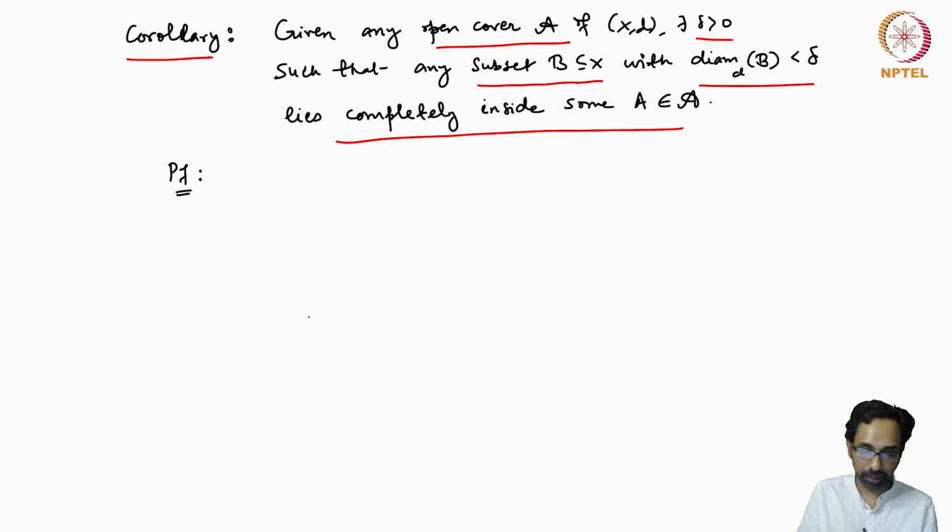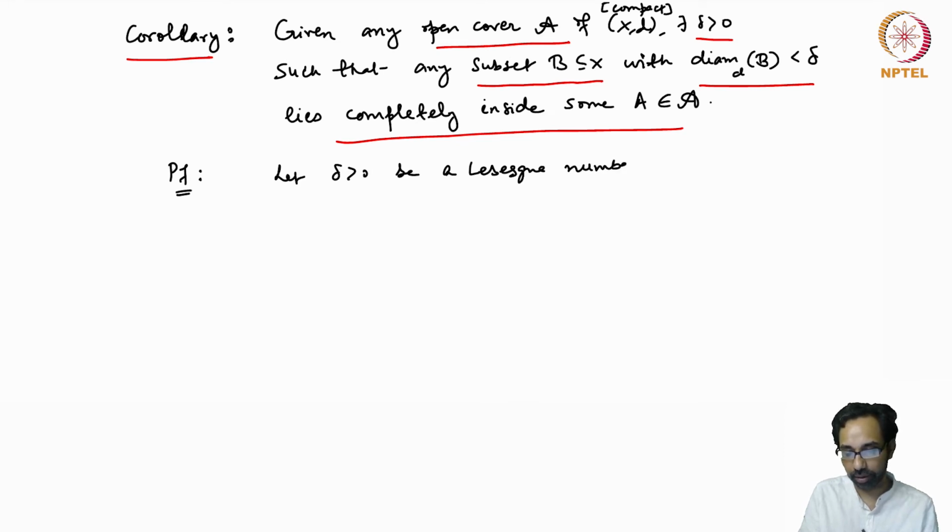And this is simply because, here again X is assumed compact, so let delta be the Lebesgue number of A, and then the set B.